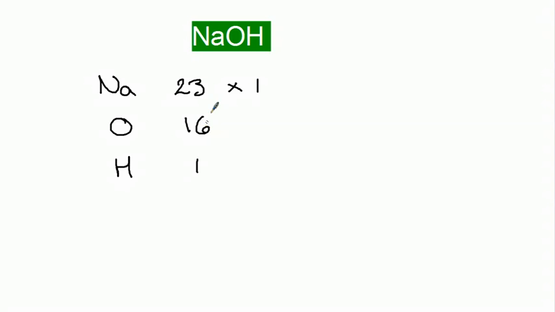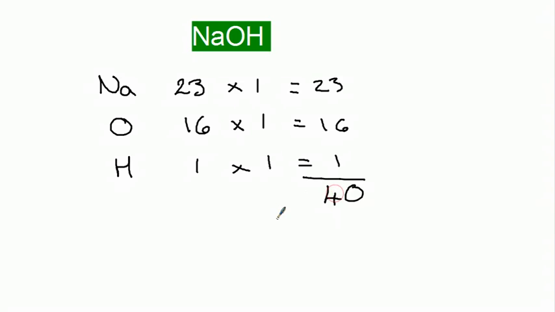How many oxygen atoms do I have in my formula? I've got 1, so it's times 1, and hydrogen is also times 1. So if we do that, we get 23, 16, and 1. If we add all of those up, we get 40. So the relative formula mass or relative molecular mass of sodium hydroxide is 40.